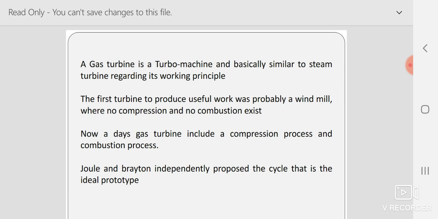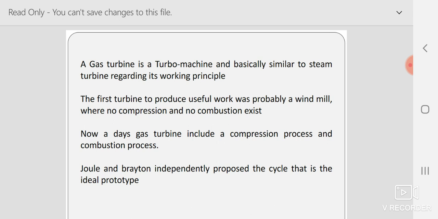Now, a gas turbine includes a compression process and a combustion process. Nowadays, the gas turbine used uses a compression process and a combustion process. Compression process means there is an increase in pressure, and combustion process means constant pressure heat transfer.